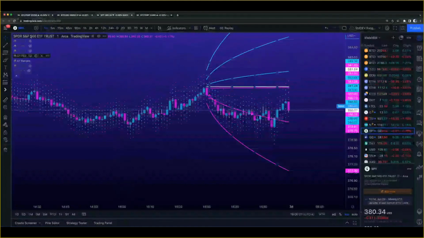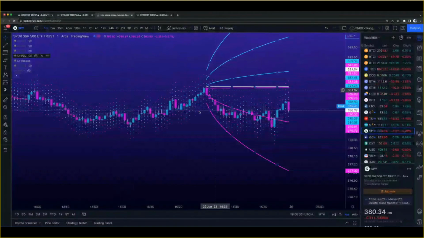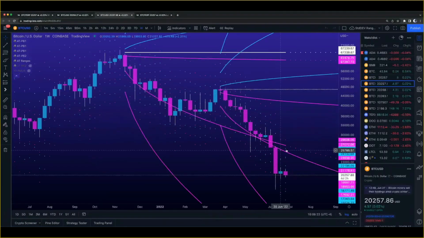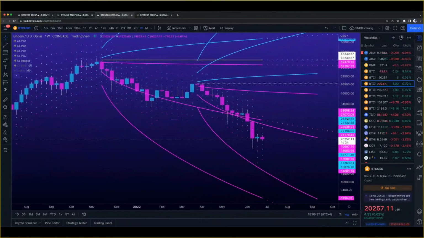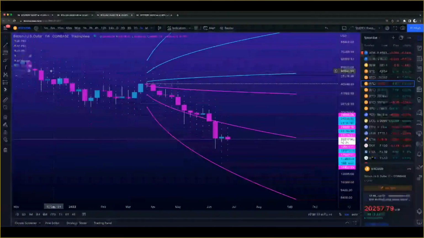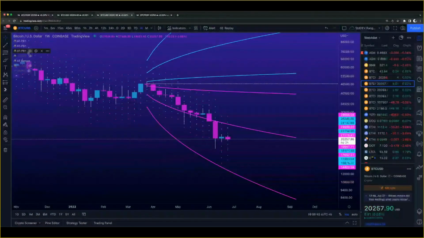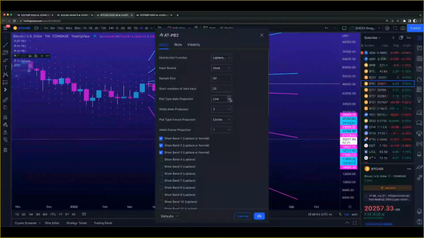Let me reload this chart. Here's a cool thing, guys. Let's say you're scrolling through Twitter or YouTube and you see a thumbnail, Bitcoin to 150 grand. You can literally see if that's in your mathematical model. You throw up a projection cone with continuous projection, and then you see whichever number they pull out of the bag.